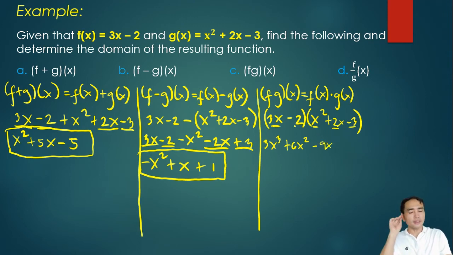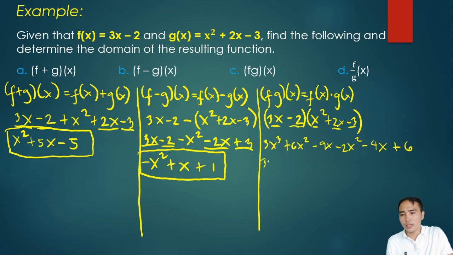Next, for the second term, negative 2. Negative 2 times x squared will give us negative 2x squared. Negative 2 times 2x is negative 4x. And negative 2 times negative 3 will give us positive 6. Next, combine like terms.